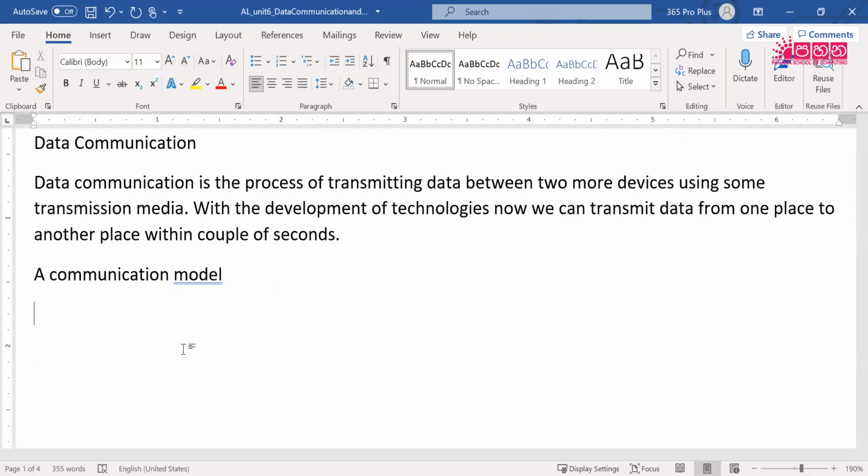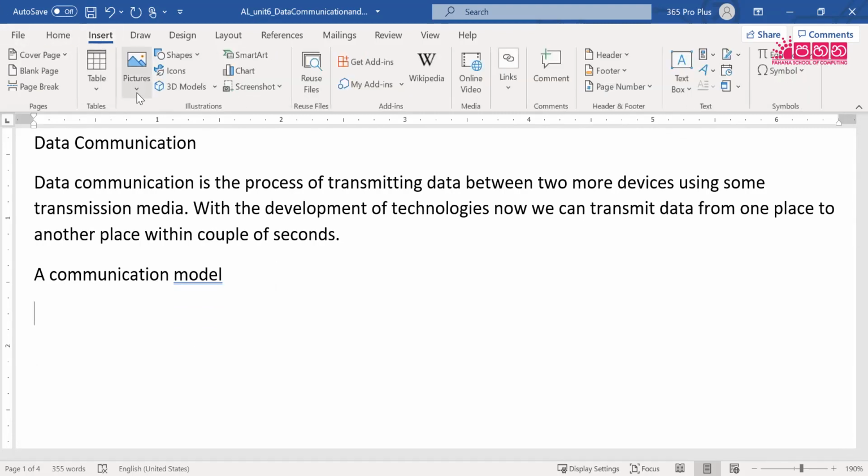So we can have a way of representing these components. We will have senders, we will have receivers, and then we'll have a message in between.